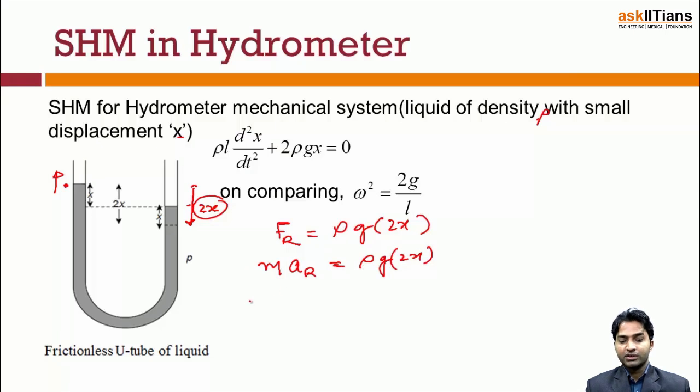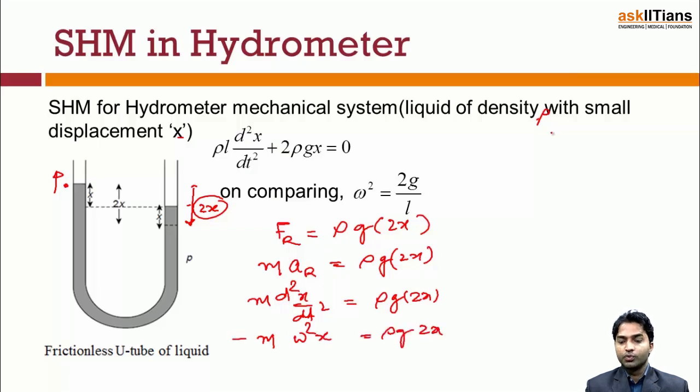Actually the nature is m into d2x upon dt square is equal to minus rho into g into 2x, or in other terms we can say m into omega square into x negative value is equal to rho g into 2x. So we know that density is equal to mass upon volume, or we can say m is equal to rho into the net fluctuations x into area.